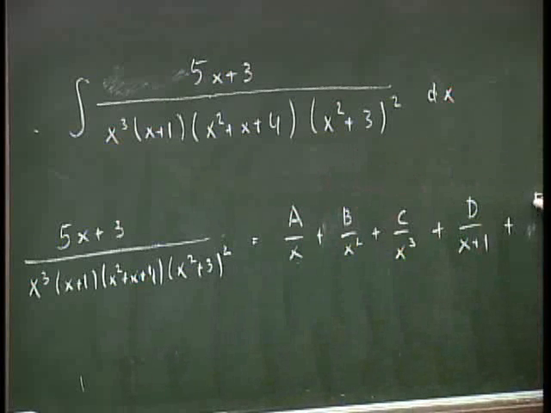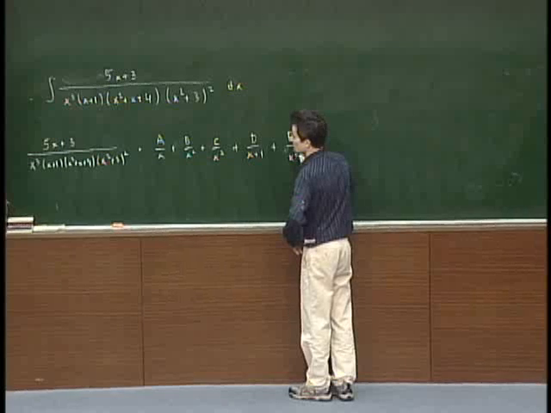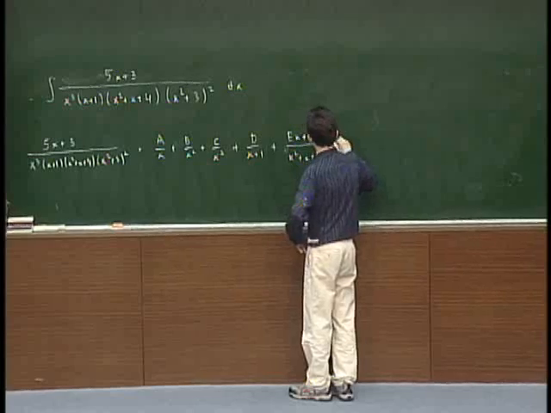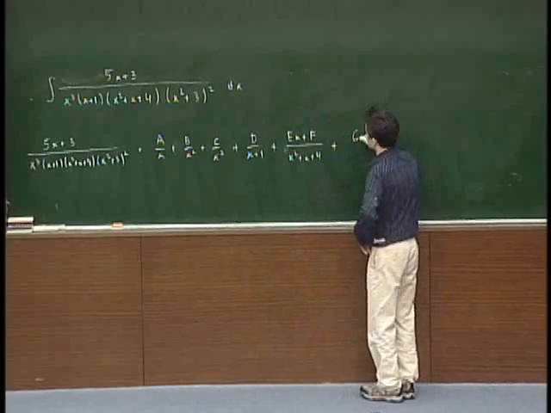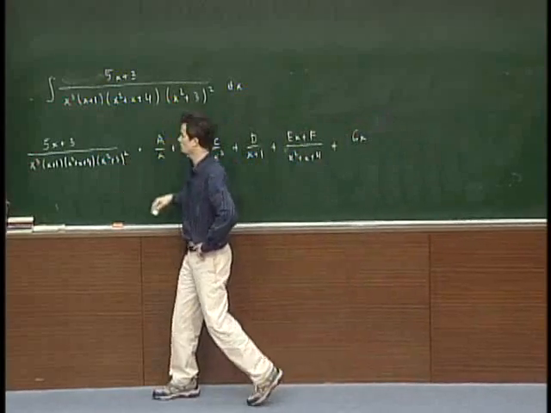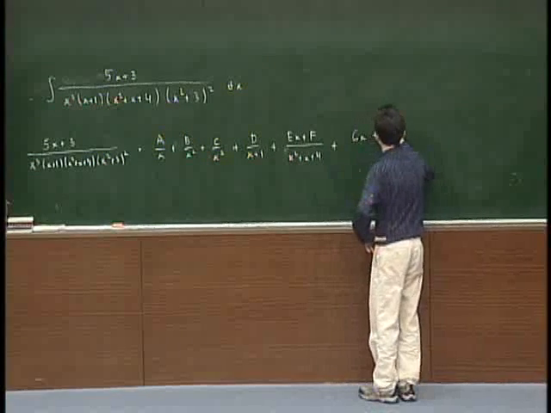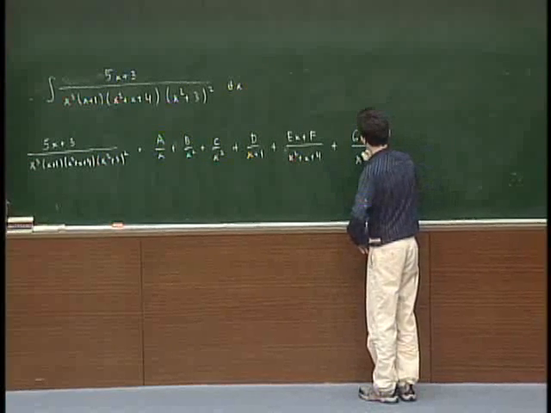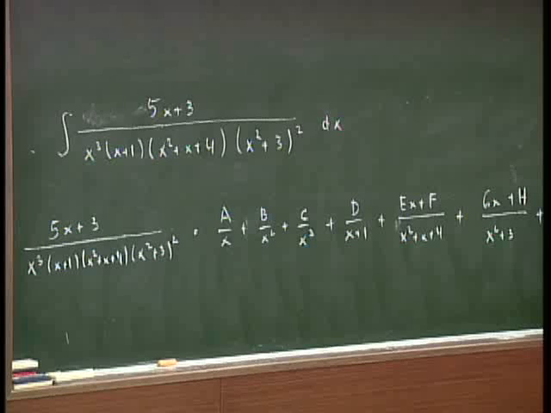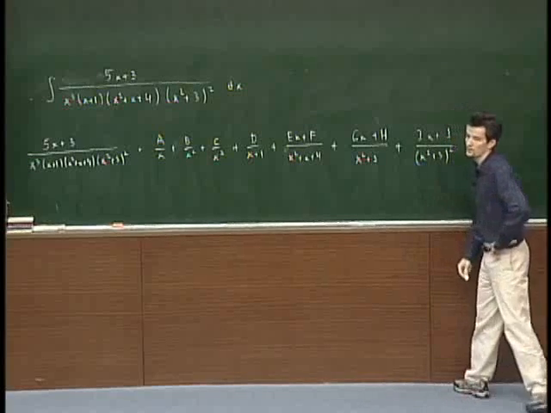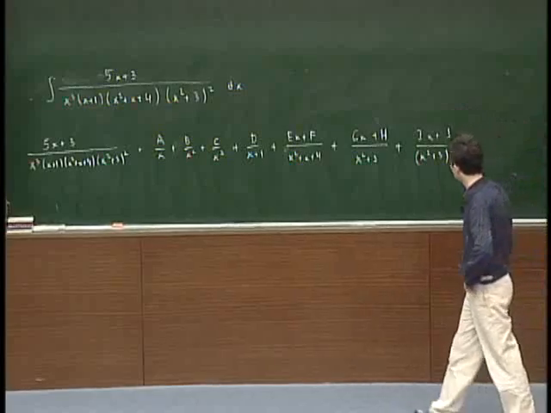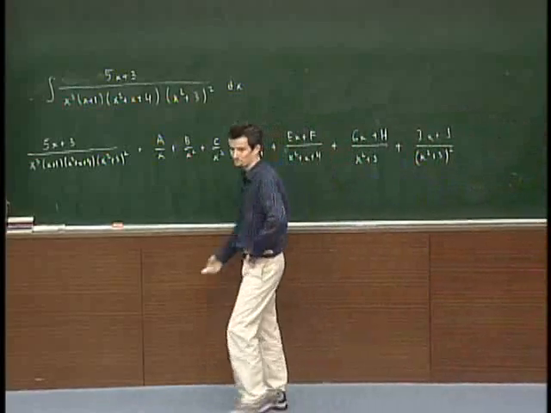So you have ex plus f over x squared plus x plus 4. Then you have this one which occurs twice, so you need 2 terms: gx plus h over x squared plus 3, plus ix plus j over x squared plus 3 squared. Then you have to find a, b, c, d, e, f, g, h, i, j.